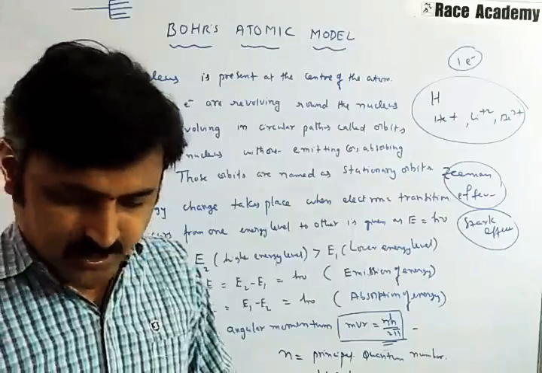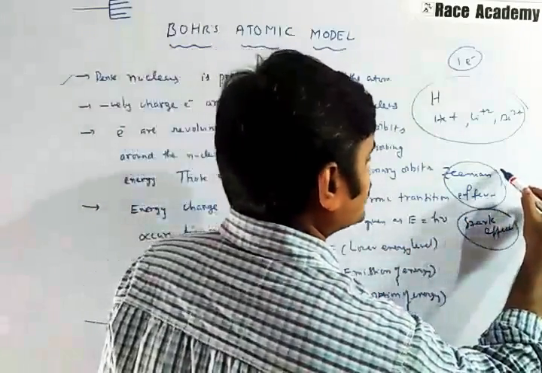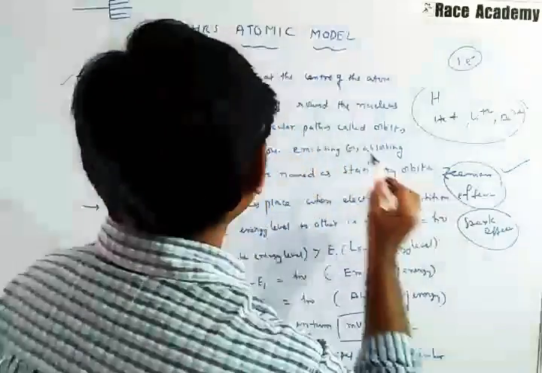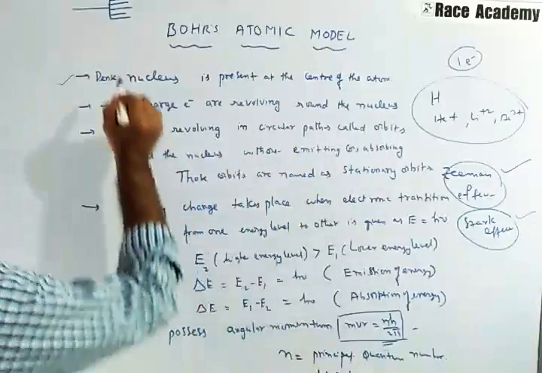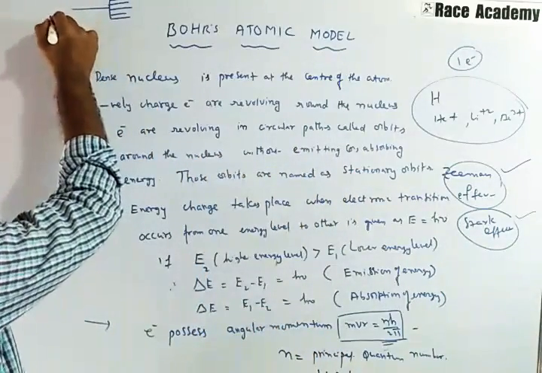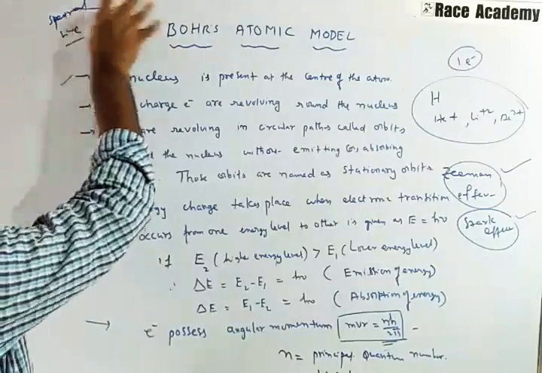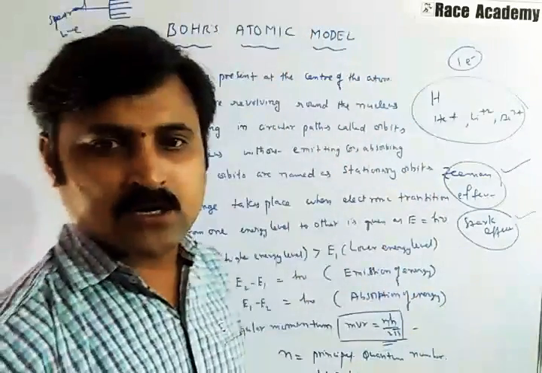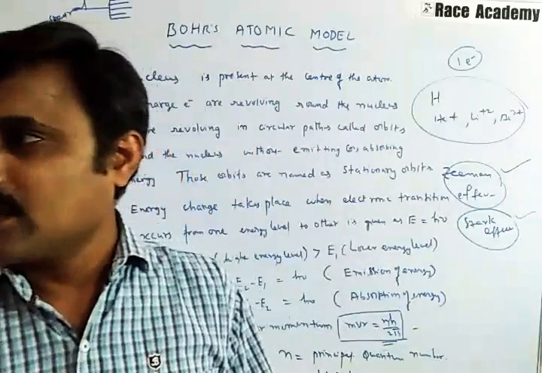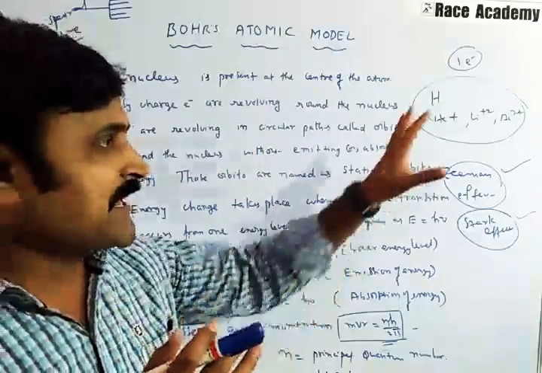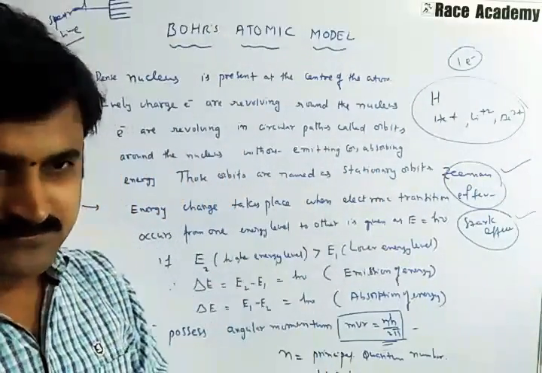That fine-line splitting of a spectral line in the presence of a magnetic field is called the Zeeman effect, and in the presence of an electric field is called the Stark effect. That means if a spectral line is there, the spectral line is split. The splitting of spectral lines could not be explained by Bohr's theory, so it failed to explain this behavior of spectral lines.